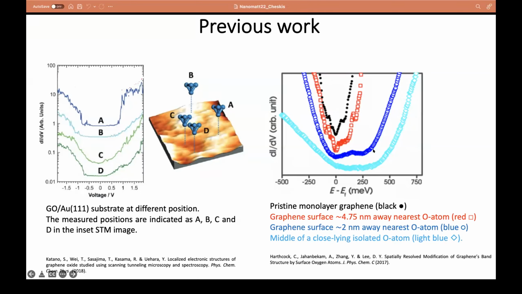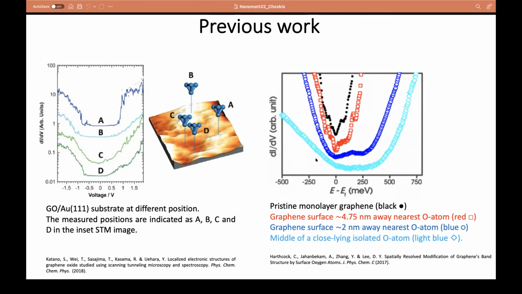From the other side, different experiments were done where pure graphene, which is achieved by mechanical exfoliation, was taken, and single oxygen groups were immersed on the top of this graphene in some particular places.